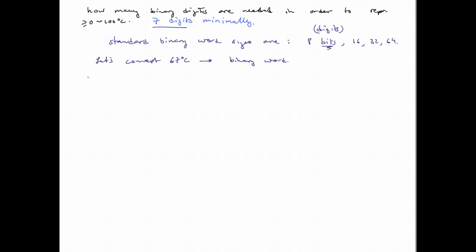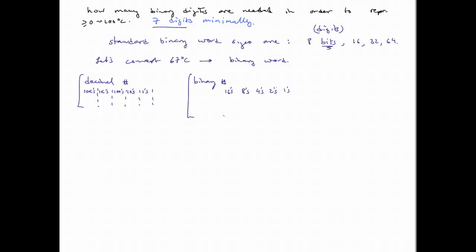So let's return for a moment to decimal. We have the ones, the tens column, the hundreds column, the thousands column, and so forth. In a binary system, we would have the ones, the twos, the fours, the eights, the 16s, right?